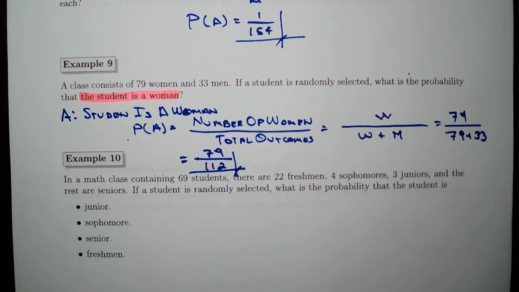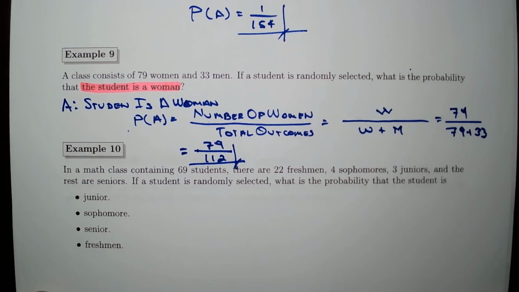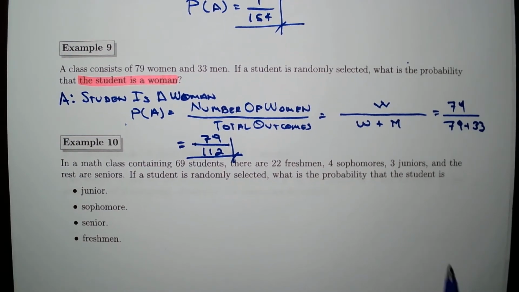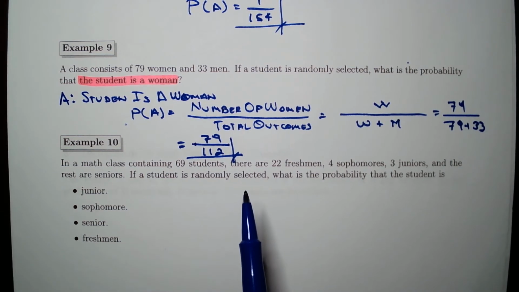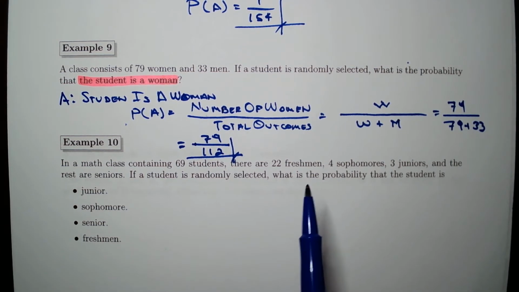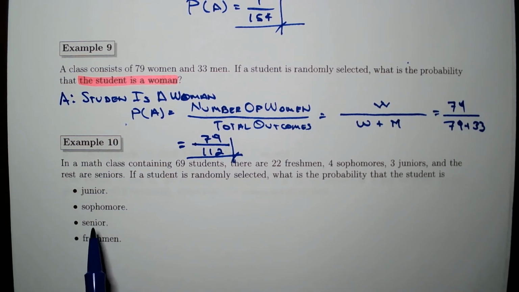In a math class containing 69 students, there are 22 freshmen, 4 sophomores, 3 juniors, and the rest of them are seniors. If a student is randomly selected, what is the probability that the student is a junior, a sophomore, a senior, and a freshman? So we're gonna calculate the probability of each.